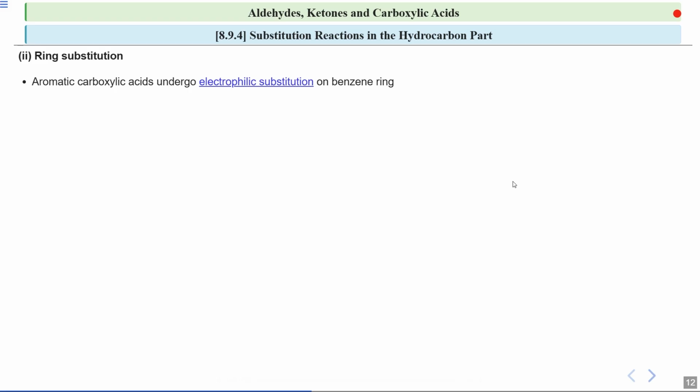So in this process, what happens? An incoming group, called an electrophile, replaces a hydrogen atom on the ring. Electrophiles are species that seek out electrons. And the benzene ring provides a region of high electron density for this to happen.